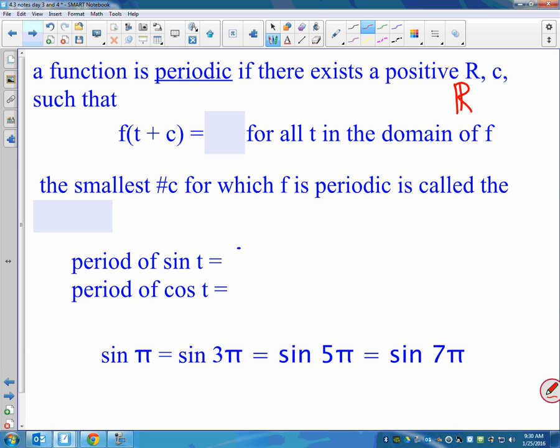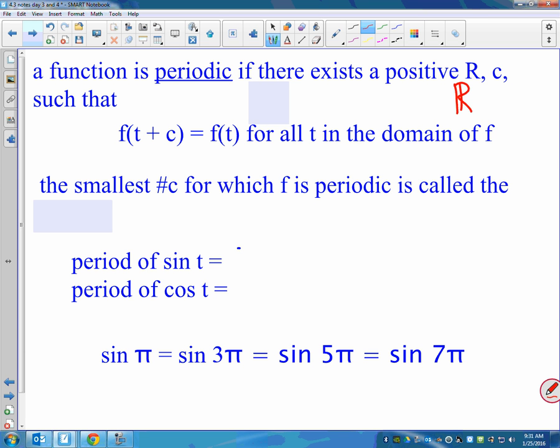So a function is periodic if there exists some real number c such that when you add that real number to t, you get back the same value. So f of t plus c equals f of t. We want to know the smallest number it takes to get there.